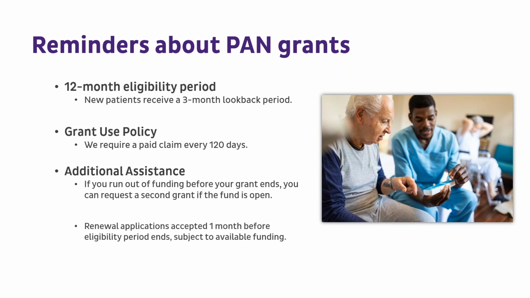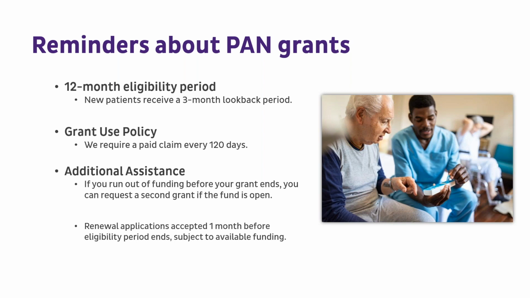We also have additional assistance. Our grants are intended to provide 100% assistance support for most of our patients. What we do is we look at the historical data and industry trends to determine how much a patient is going to need for a specific disease fund in terms of their out-of-pocket costs in a given 12-month period.